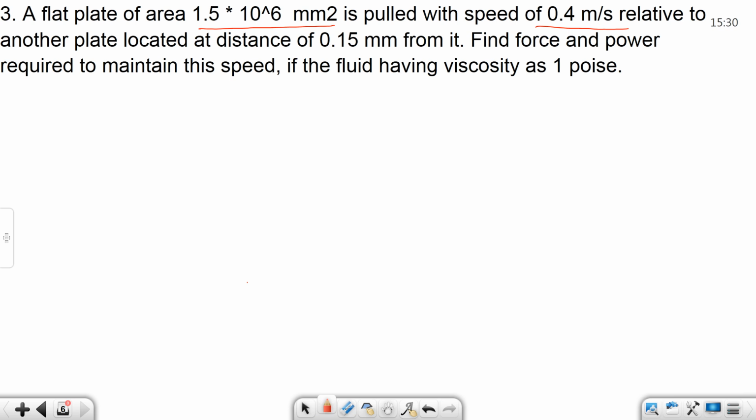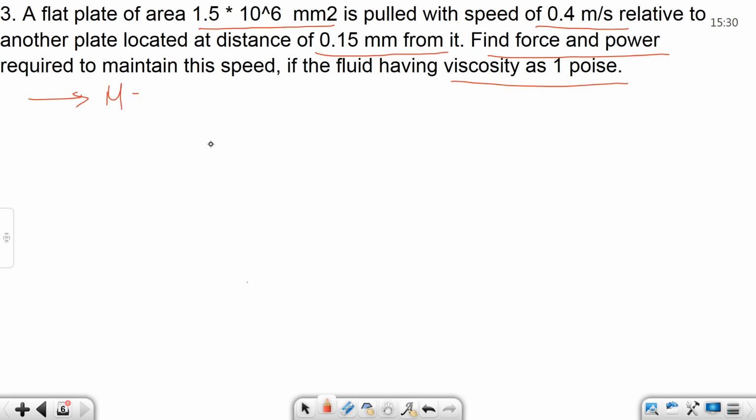Relative to another plate located at a distance of 0.15 meter, so the distance, that means y, is given. Find out the force and the power required to maintain this speed if the fluid has viscosity equal to 1 poise. As the unit is poise, it is a dynamic viscosity. So again a very simple numerical.